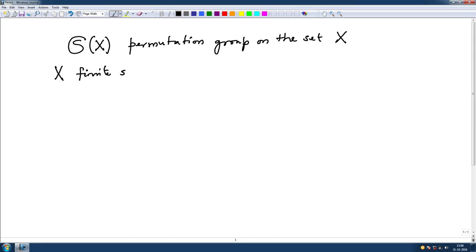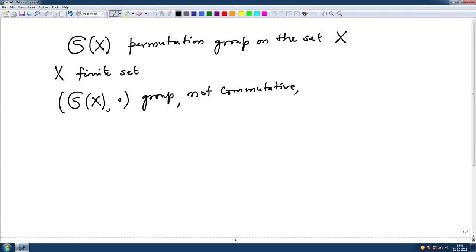Let me summarize what we have seen so far. We have seen that this Sx, a group under composition, is not a commutative group.